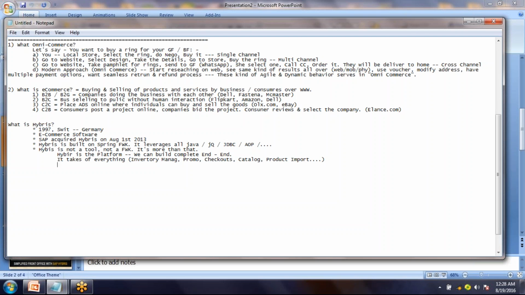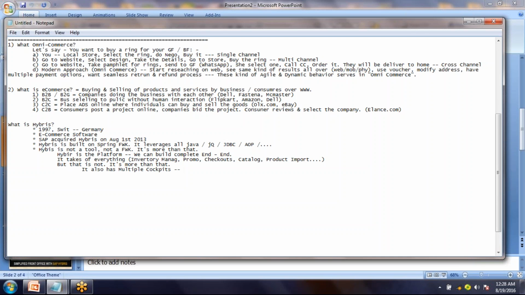Now, can I say Hybris is only that much? No, it's more than that. Then what is pending? It also has multiple cockpits.